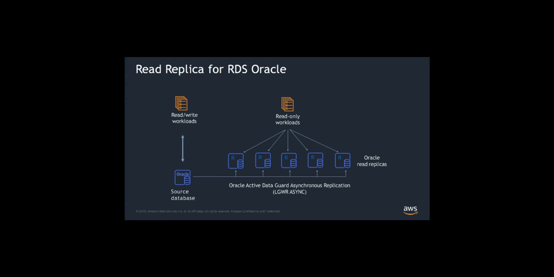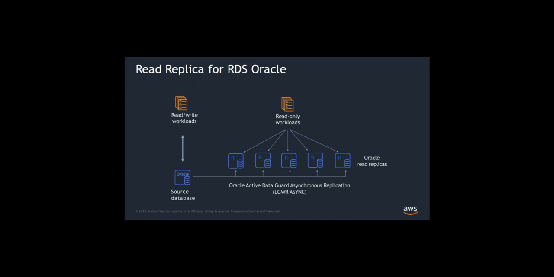In this mode, the transactions are committed as soon as the redo generated is written to the online redo log. Additionally, the redo is written to the read replica's redo logs asynchronously. This solution provides the highest level of data protection possible without impacting the performance of the primary DB instance.